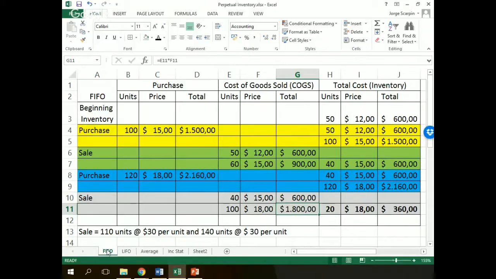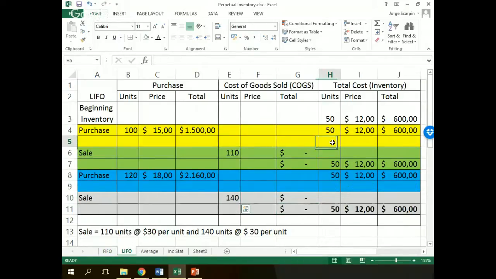And LIFO. LIFO is quite the opposite. So on our first purchase, the same as FIFO, because we do not have any goods sold yet. But our first sale, 110. We do not have 110 on our last purchase.